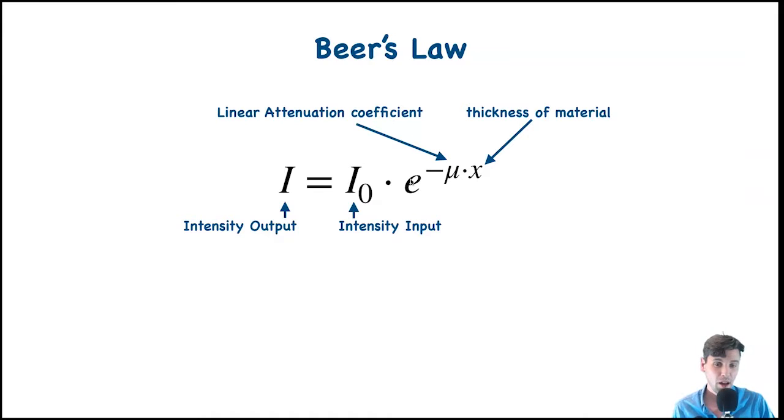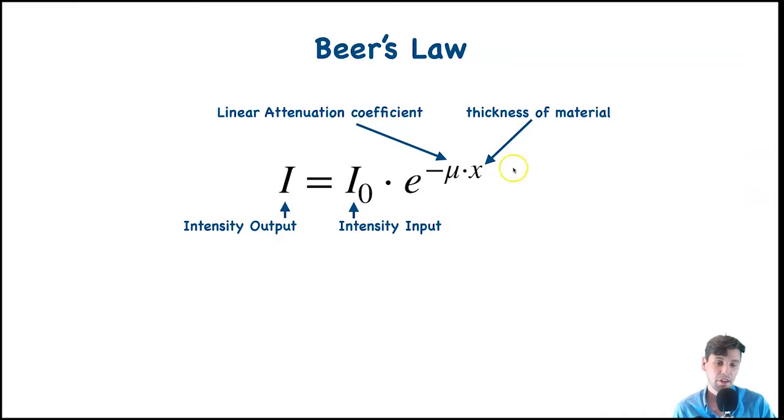Beer's law basically relates what we were just talking about: this input intensity, I0, and the output intensity, and there's going to be some reduction. So we're going to multiply I0 by some number that's less than 1, and that's going to reduce I0 to give us the output intensity.